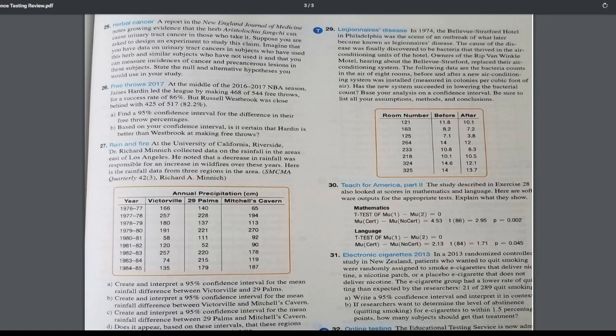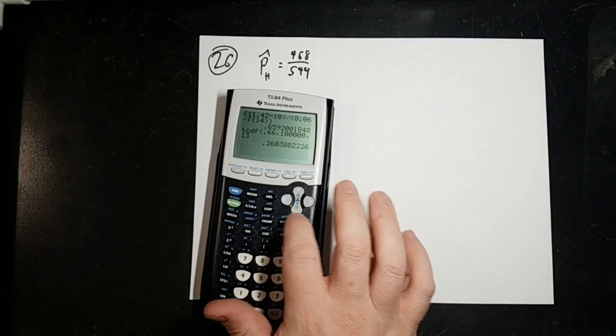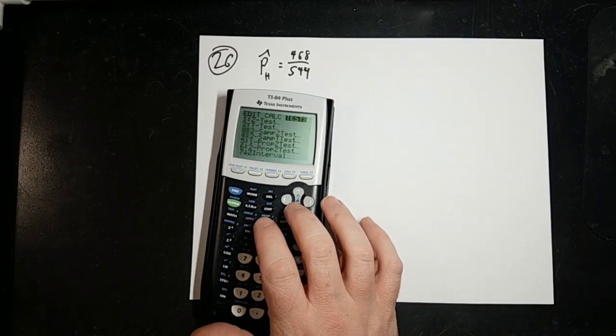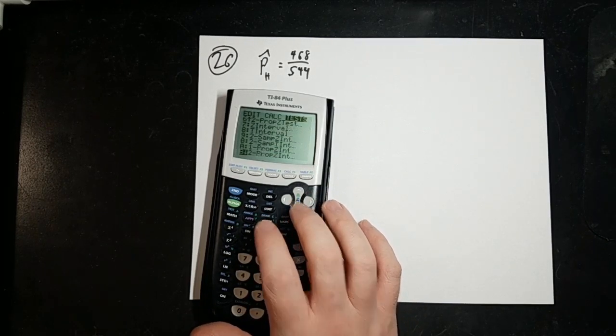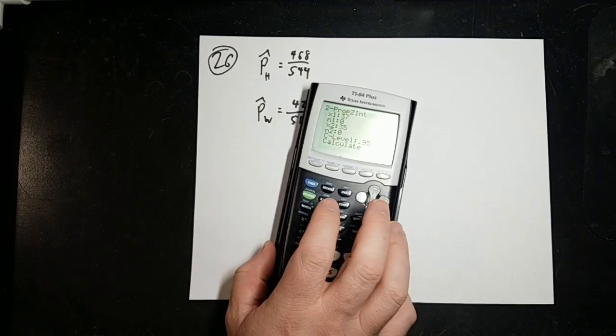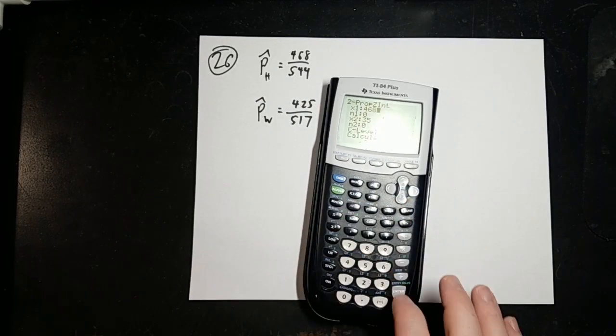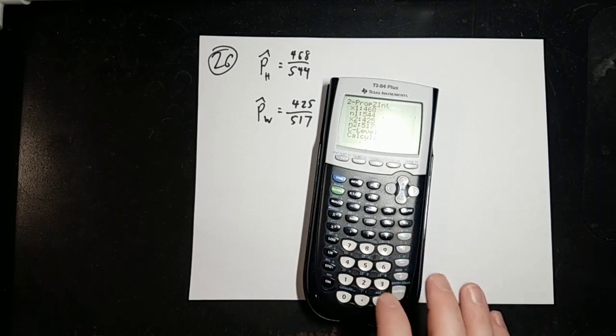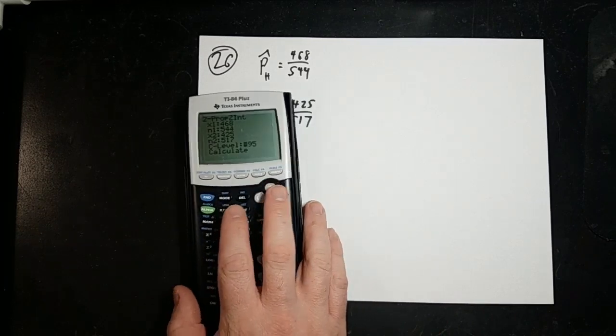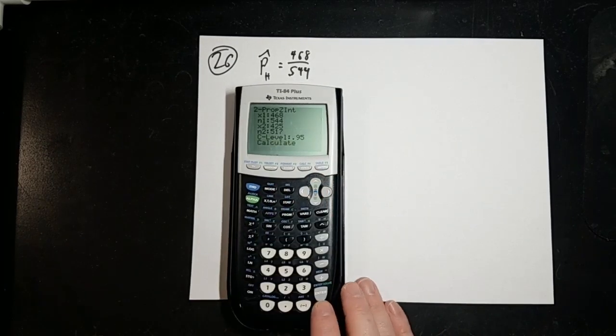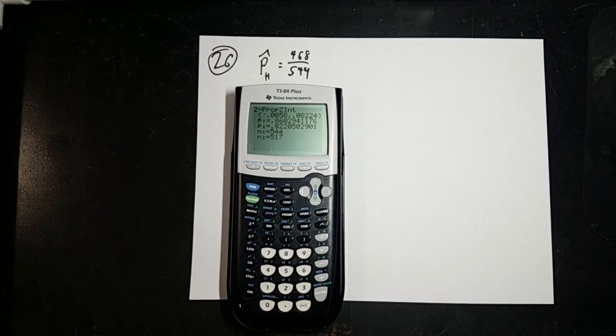I think it reconnected automatically. Anyway, let me jump to my calculator. I'm going to be doing a two-prop z-interval for the differences, and knowing what I had to type in there: 468, 544, 425, 517, and they wanted a 95% confidence interval for the differences between the two.